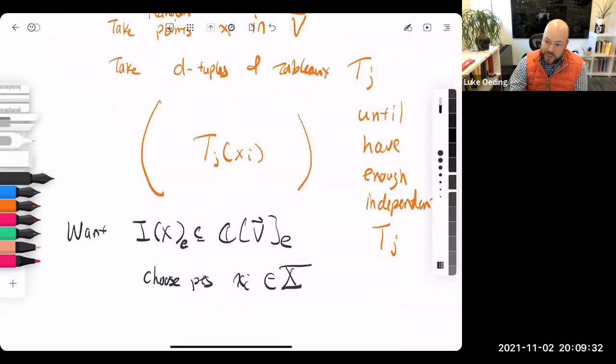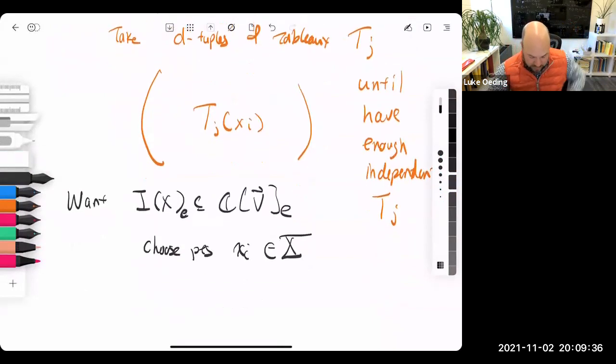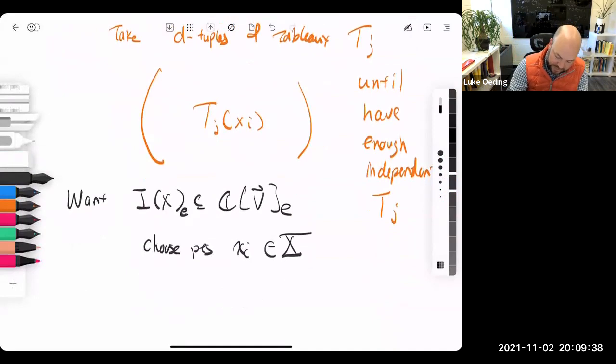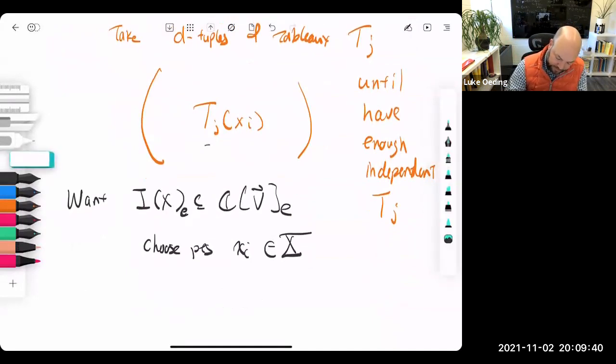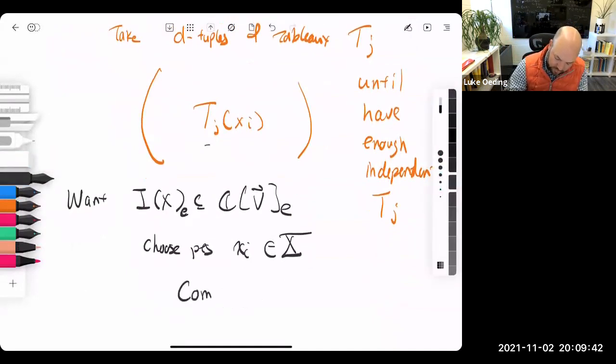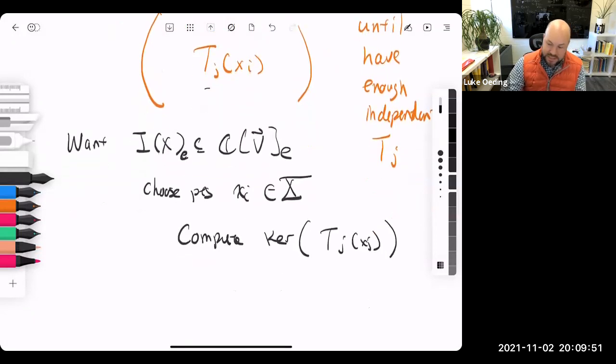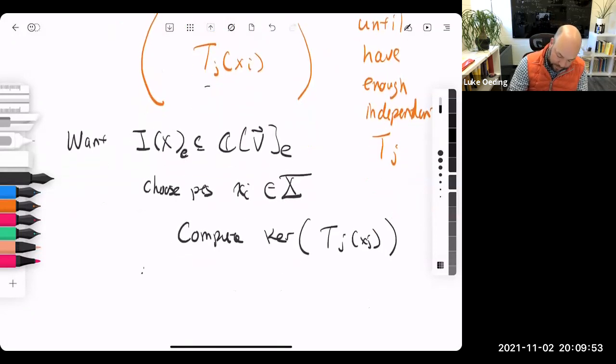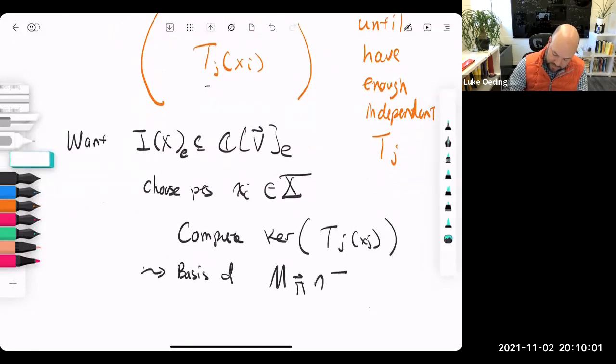And if they're sufficiently general, random, then you can compute the kernel. Suppose all these T's are independent, and compute the kernel of this T_j at x_i matrix. Okay. And that will give you a basis of what I'll call M sub pi intersect with the ideal of X.